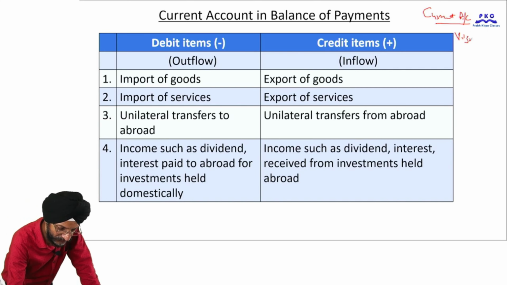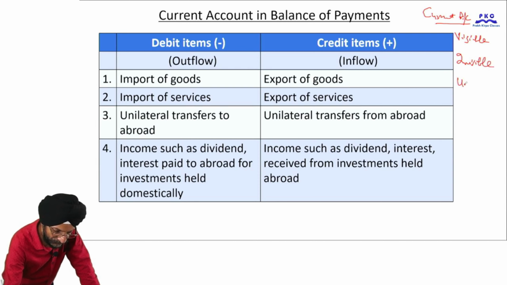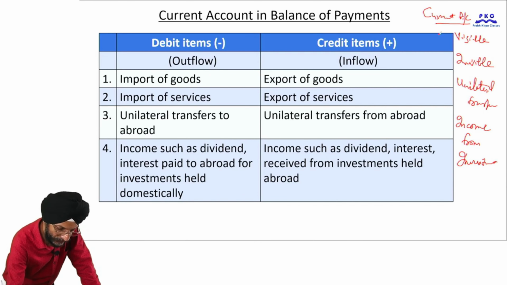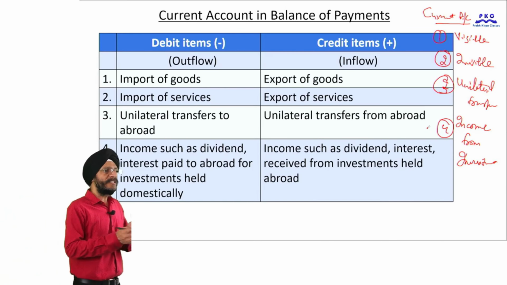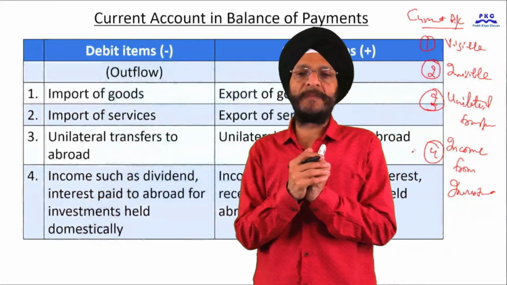First is visible items, then come invisible items, then unilateral transfers, and the fourth is income from investments. These are the four components of current account. Current account itself is one of the components of balance of payments.